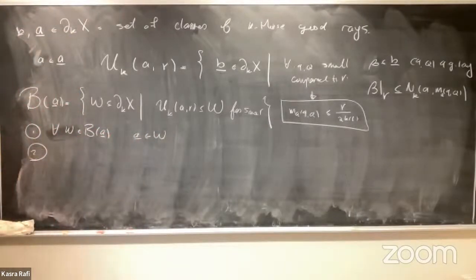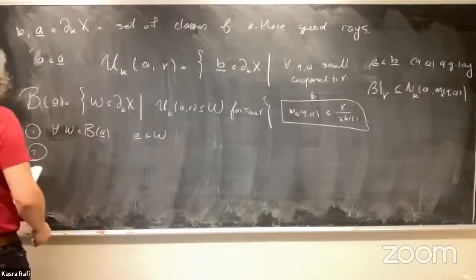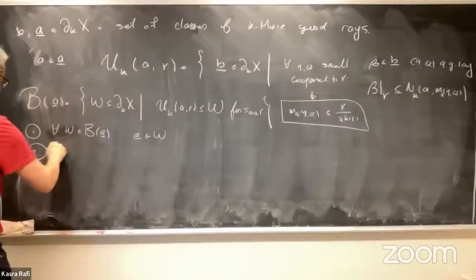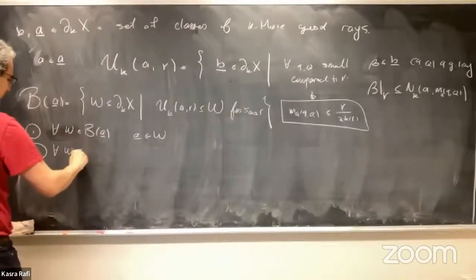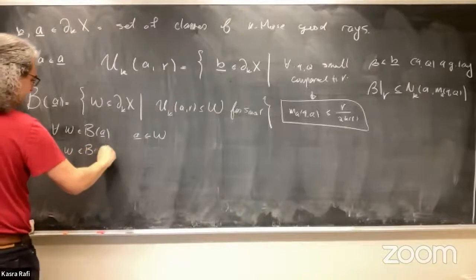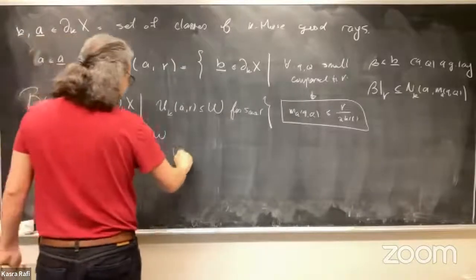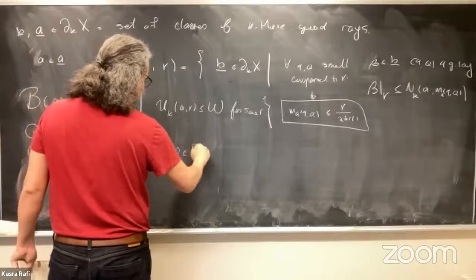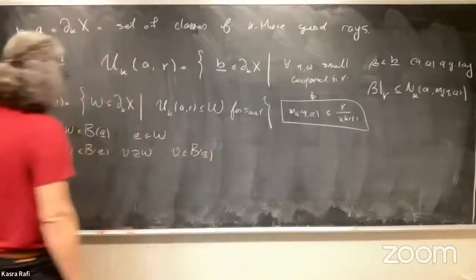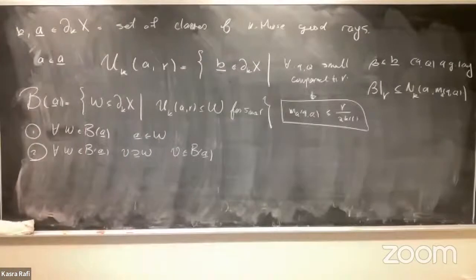Okay, so that makes sense. You have to have this other thing. So if W is in B_A and V contains W, then V has to be in the neighborhood of A. So anything that is bigger than a neighborhood should be a neighborhood. So that's also trivial. Nothing to write about that.